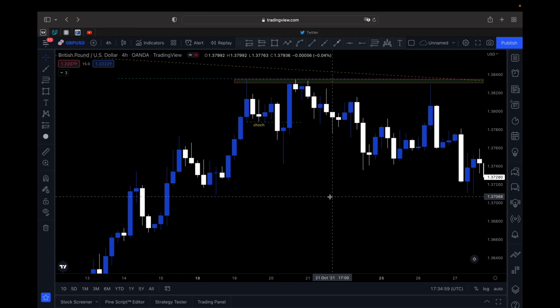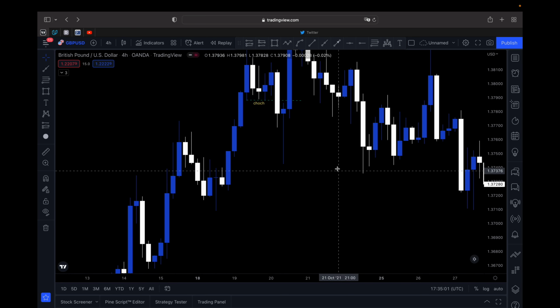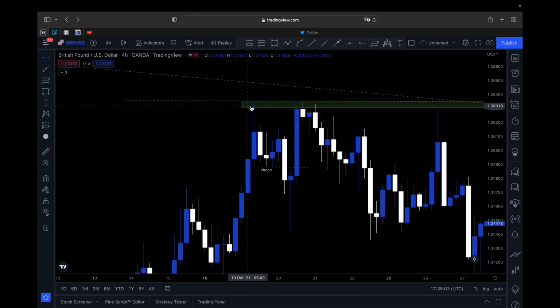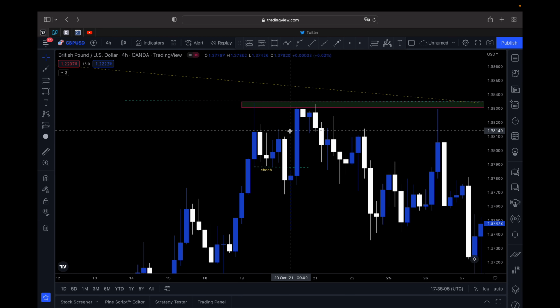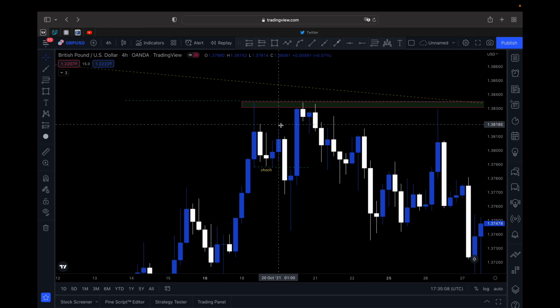Price broke out and created this resistance here, when price couldn't take off this resistance.